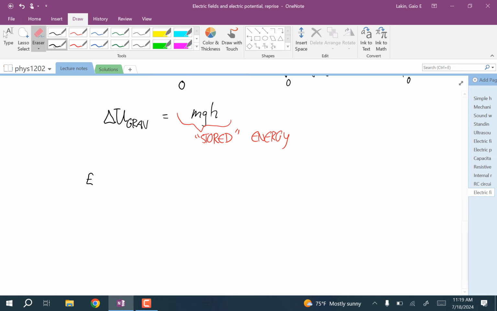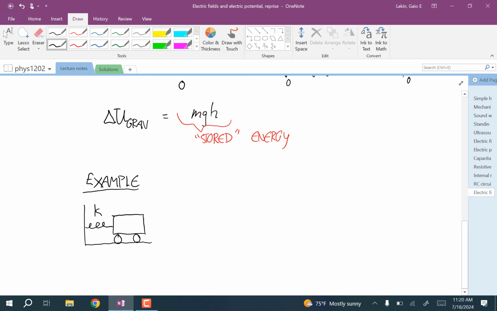Example. Okay, so this time let's think of a spring and a mass. Although, interestingly, the mass isn't going to come into this calculation.